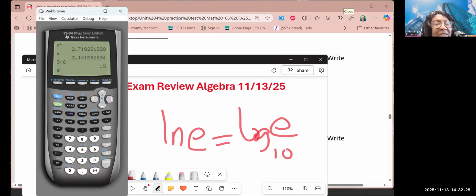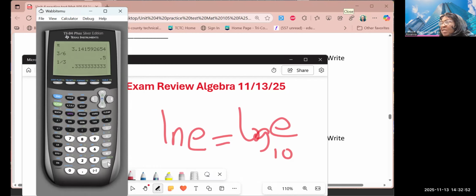Let me divide 1 by 3. We talked about this in Unit 1. If I evaluate 1/3 with my calculator, the decimals are repeating, right? This is how we know rational numbers.